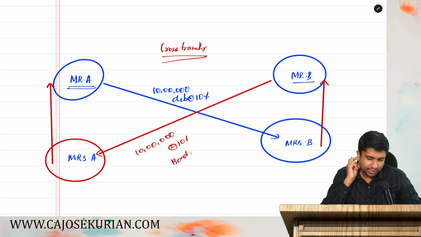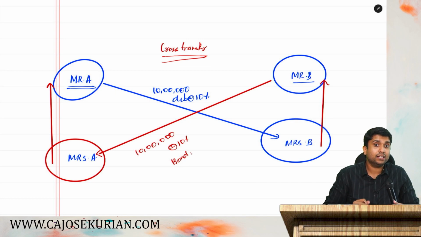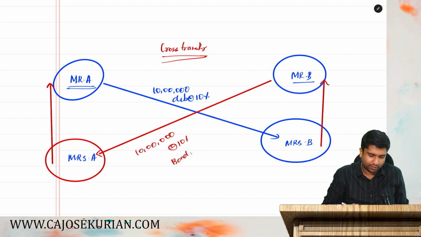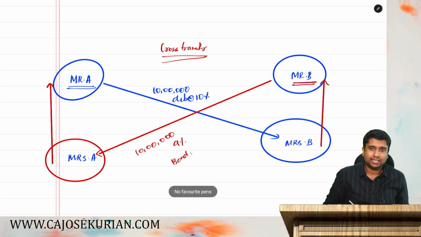Now listen. Let me make a small modification to this example. Say, for example, Mr. B's gift to Mrs. A was a 10 lakh bond having 10% interest. Yes or no? Say instead of that, it is 9% bonds.